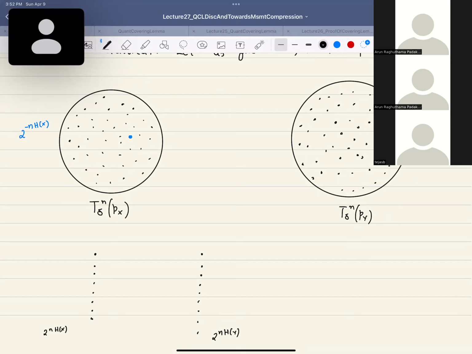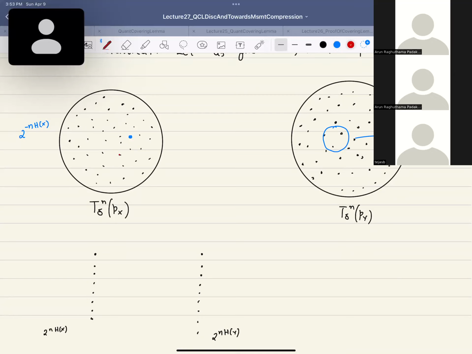Now, if you pick a particular X^n, so if nature has chosen this blue X^n, then nature will also choose a Y^n in a particular ball uniformly likely. This ball has size 2^(nH(Y|X)), and each one of them is picked uniformly at random.